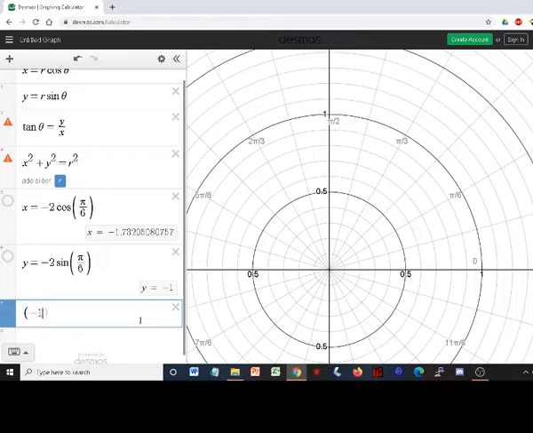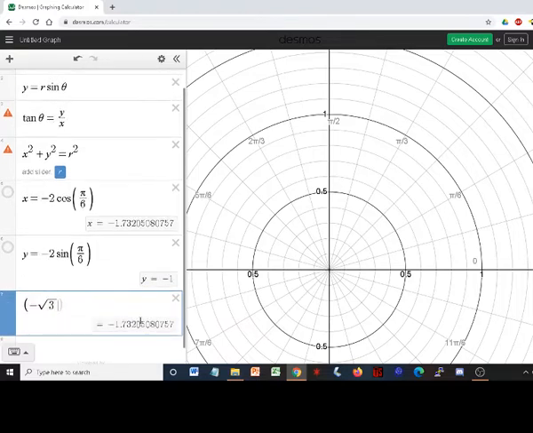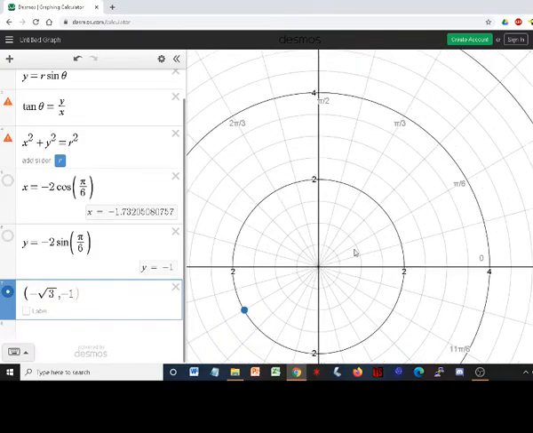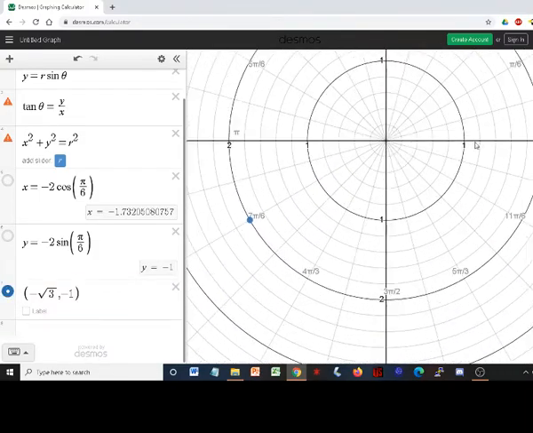I think negative square root of 3. And y should be -1. Okay, so that dot is supposed to be go to pi over 6 and walk the wrong way 2 units. Good. And it's at 7 pi over 6 like we talked about before, and radius 2.